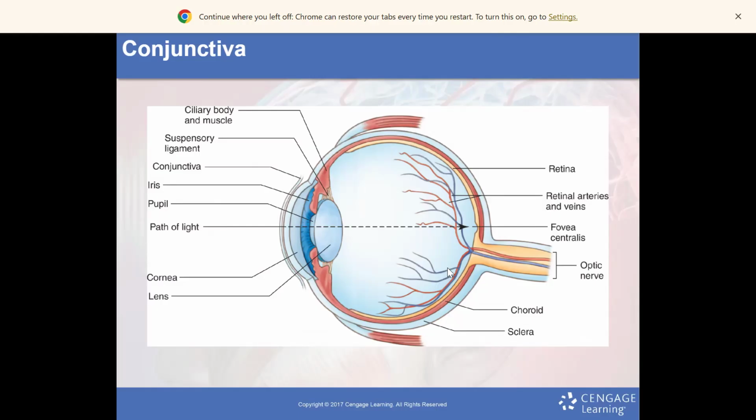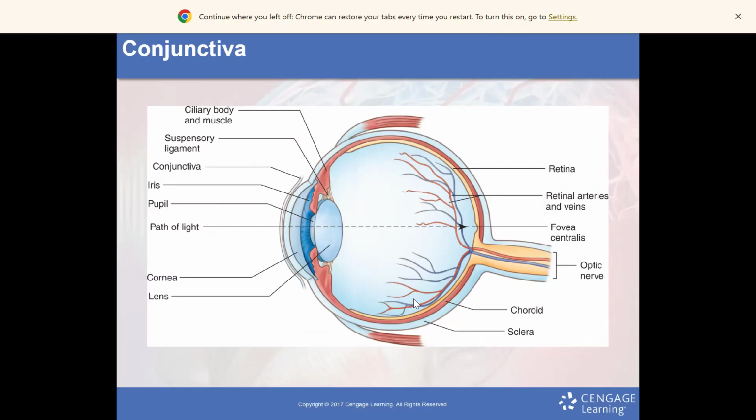And your retina is simply your neuro layer with the rods and cones, your photosensory receptors that help you see in color and in black and white and help turn that light into neurological impulses that then go through the optic nerve and send that message to the brain so that the brain can interpret that light image and know what the image is. In other words, oh, that's a cat, or oh, that's my pencil, whatever it is you're looking at.